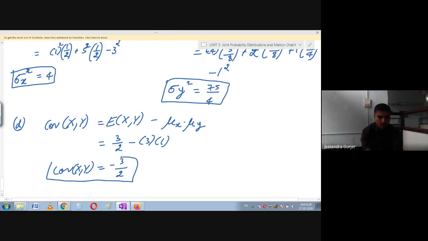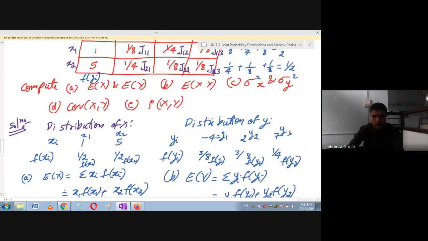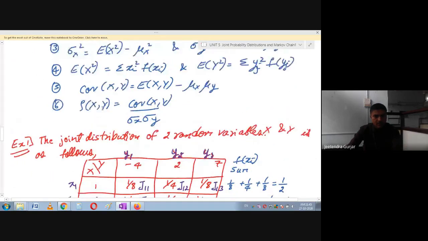So go for the next one now. It is E. So what is E question they have given? Rho of x comma y. That is correlation x comma y. So it is covariance xy divided by the standard deviation sigma x sigma y.